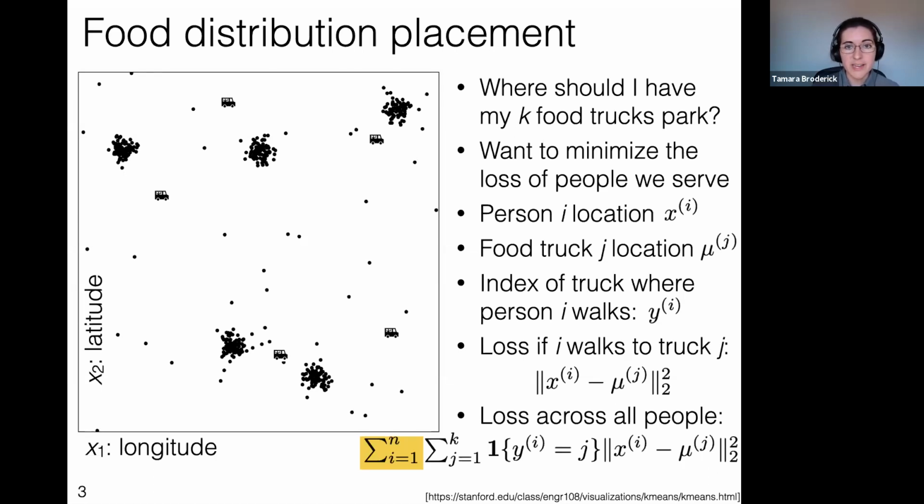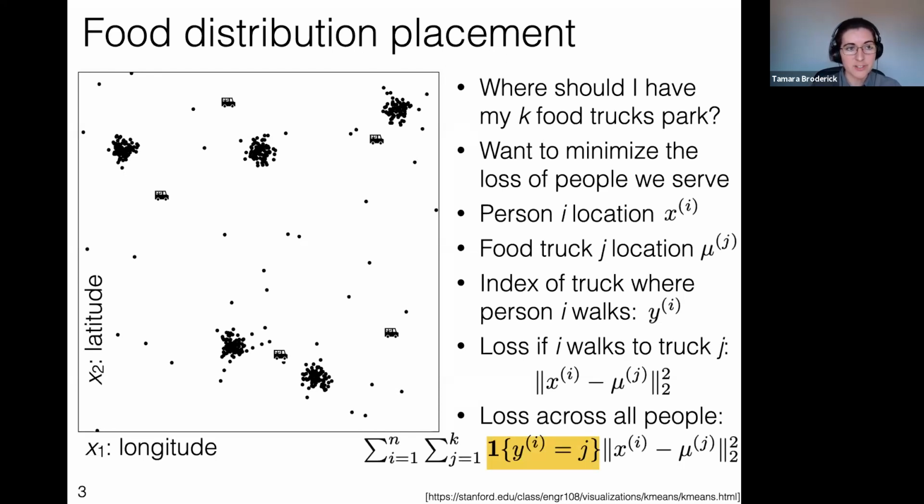Now one way that we can represent this loss, the squared Euclidean distance between an individual and the food truck that they're going to, is to consider every possible food truck that they could have gone to, from j equals 1 to k. Only one of these values will be non-zero. Remember this indicator notation that we've used in a few lectures before.